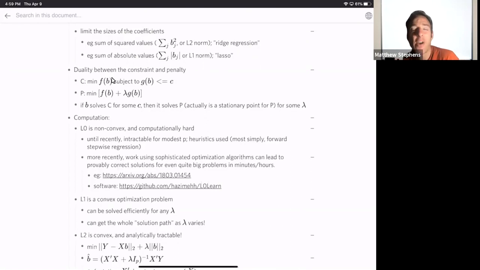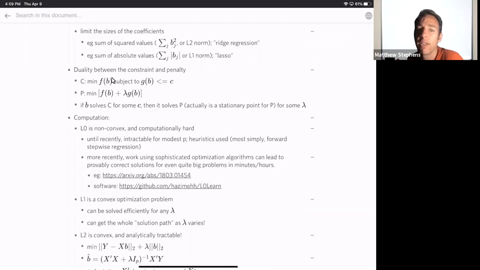In practice, how hard this computation is for linear regression varies depending on the constraint you choose, or the way we're thinking of it now, depending on the form of the penalty function. If you use the L0 penalty function, that is g of B is equal to the number of non-zero elements of B, that leads to a penalized problem that's actually non-convex and computationally very hard.